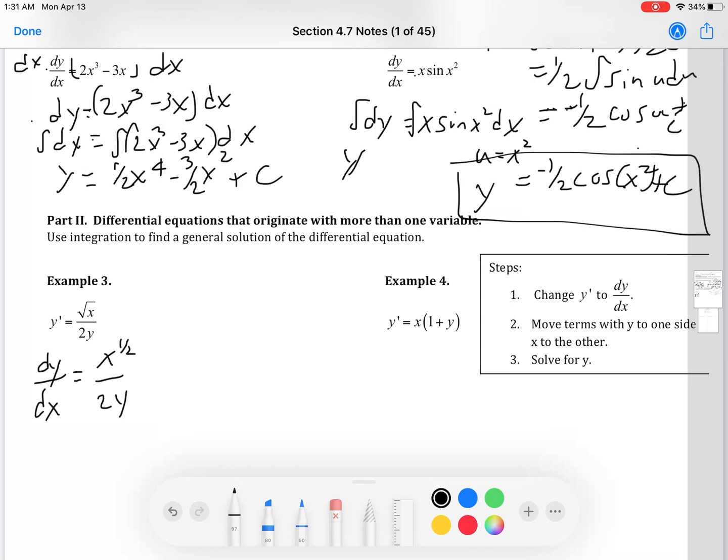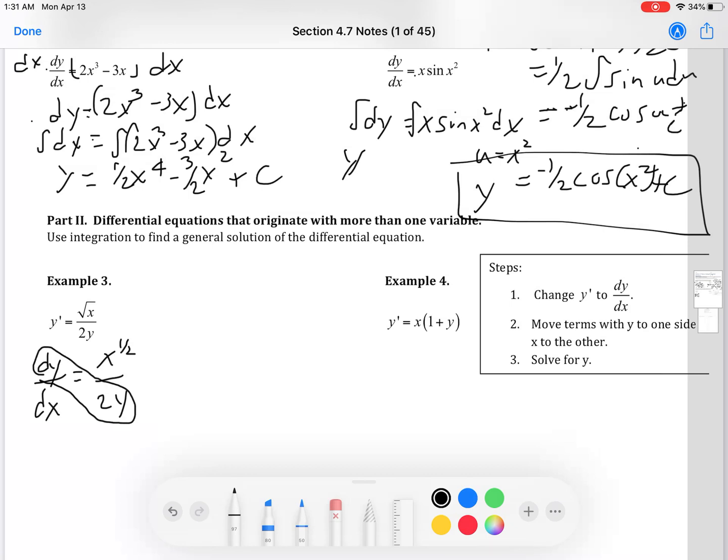Then I have 2y in the denominator. Then it says move terms with y to one side and x to the other. Now there's this handy thing from days of geometry here. Since we have a fraction on one side and a fraction on the other side, what if we just did a simple cross multiplication?